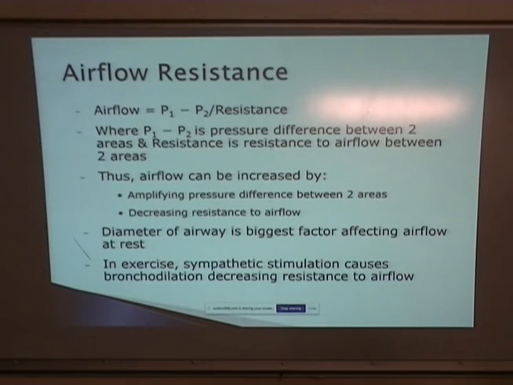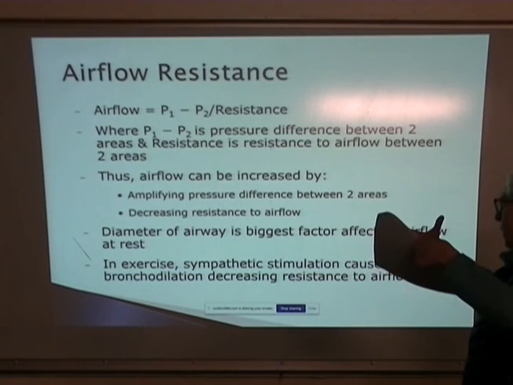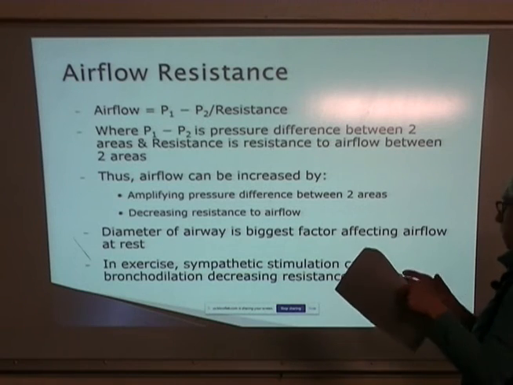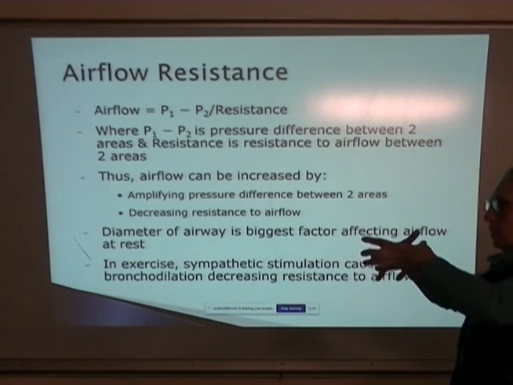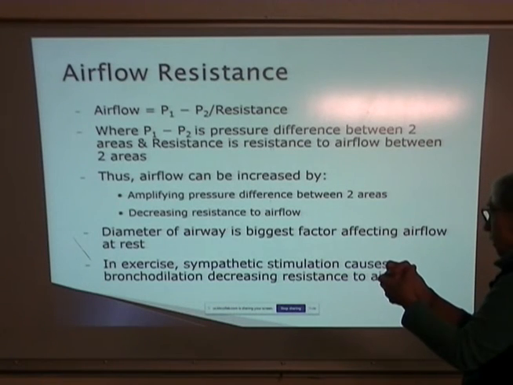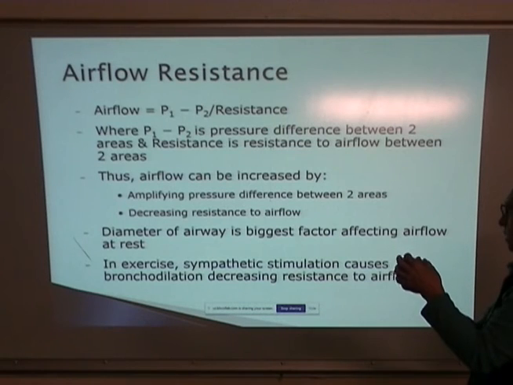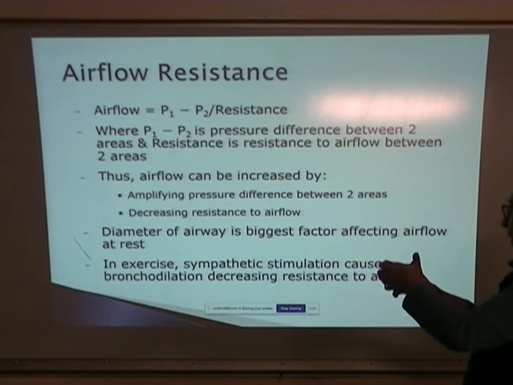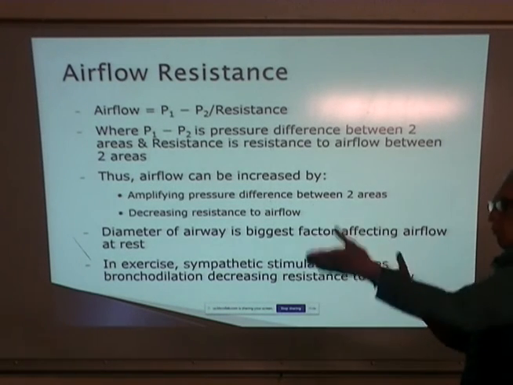So airflow can be increased just as we could increase blood flow by expanding the diameter of the artery. We can increase airflow by expanding the pressure difference between two areas, right? So can I expand the diameter of the airway or constrict the diameter of the airway, right? If I decrease the resistance to airflow by expanding the diameter, then that's going to improve airflow in.